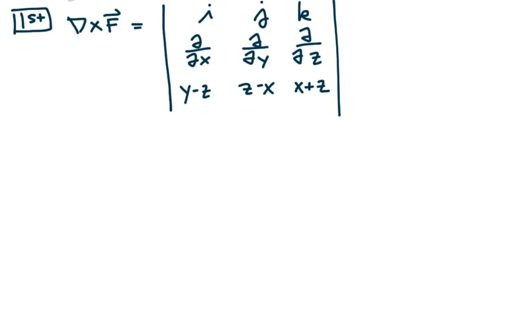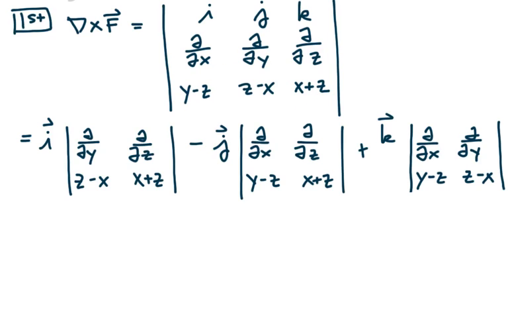So working through this, after we've set this up with i, j, k, our partials, and then each of our components from F, which once we start working looks like this, I've got to find these three mini determinants.